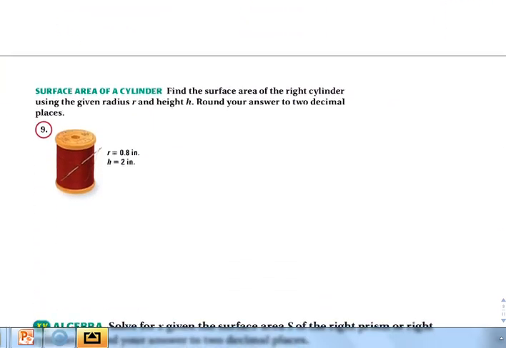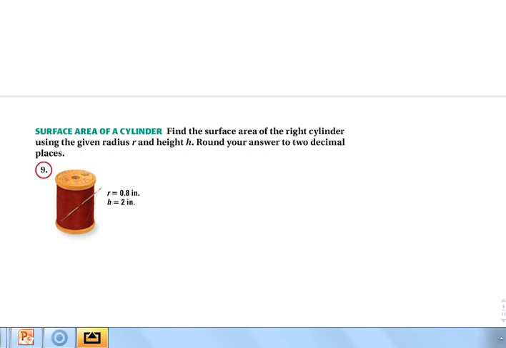So now just applying it, here's a cylinder. It tells you the radius of the top is 0.8. It tells you the height here is 2. So we've got surface area, and just making sure it says round to 2 decimal places. Okay, so we've got 2 times the base plus perimeter times height. So that's 2 pi r squared plus 2 pi r for the perimeter of the base, or the circumference, and then times height.